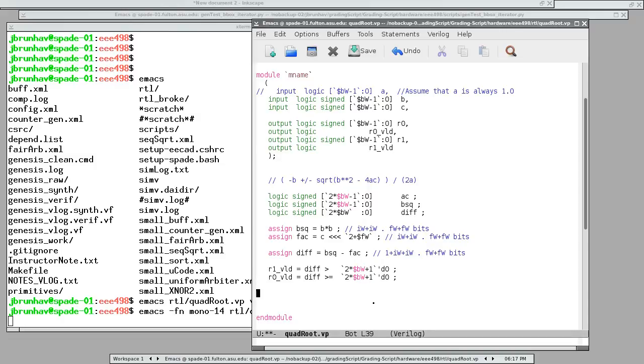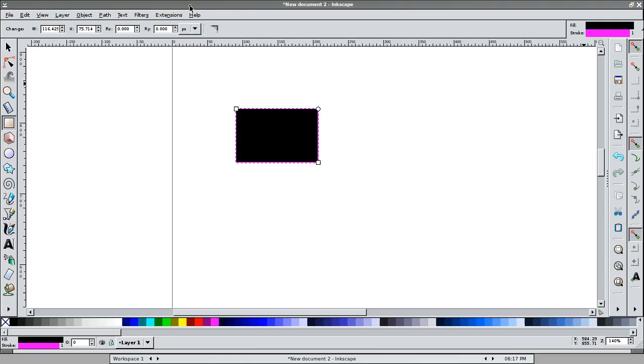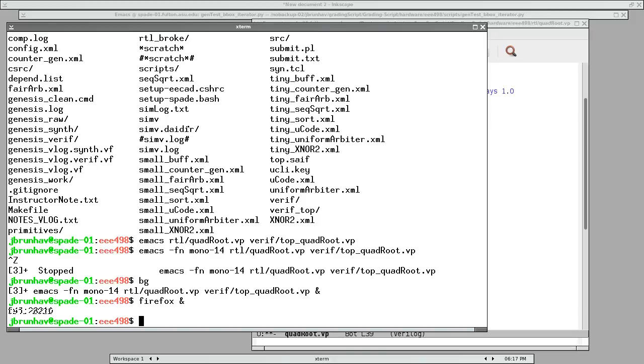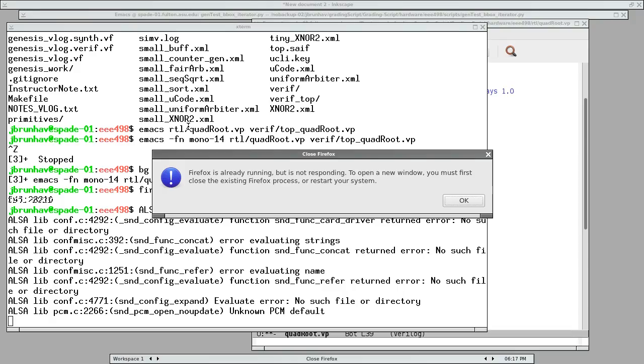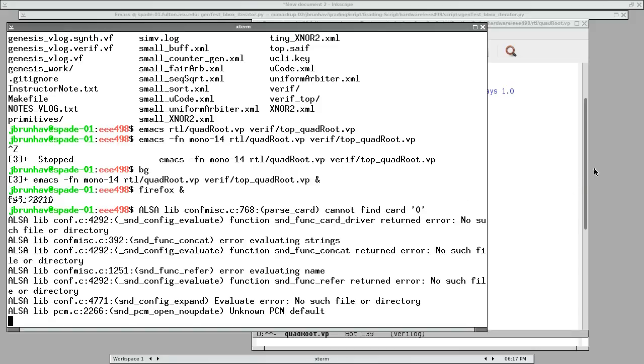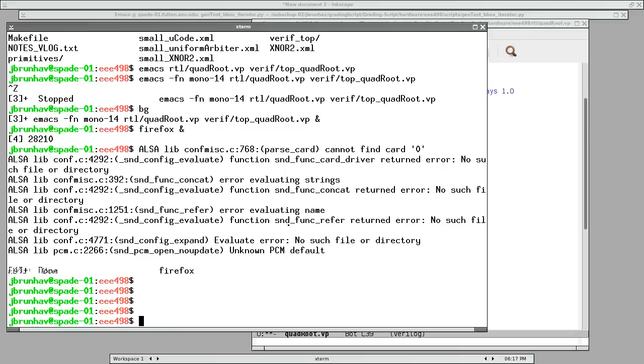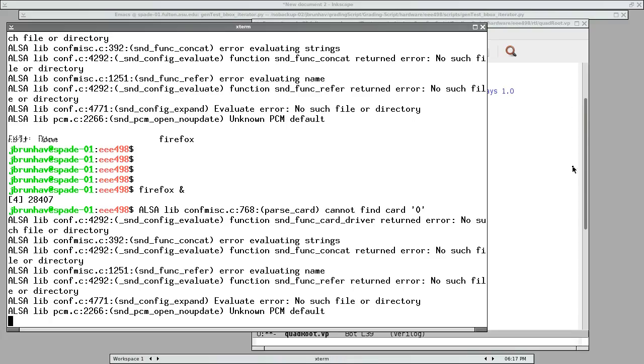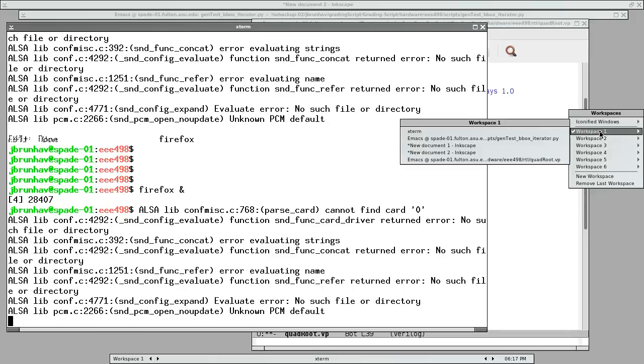And then we need to do a square root. So we don't want that. We want that guy. So it seems to. So do I already have Firefox running? I do not.